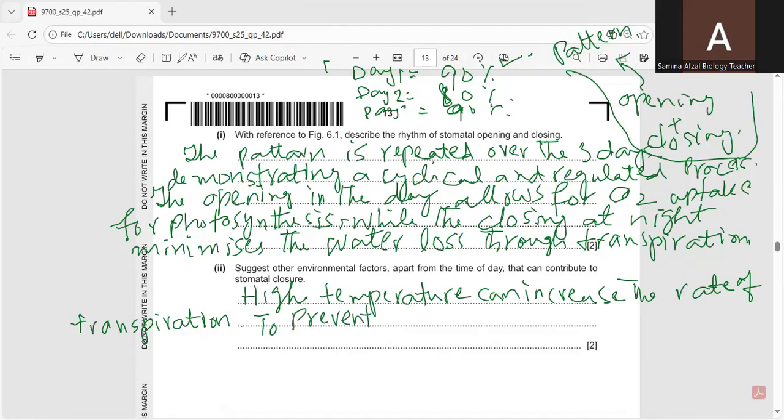To prevent excessive loss, stomata will close.